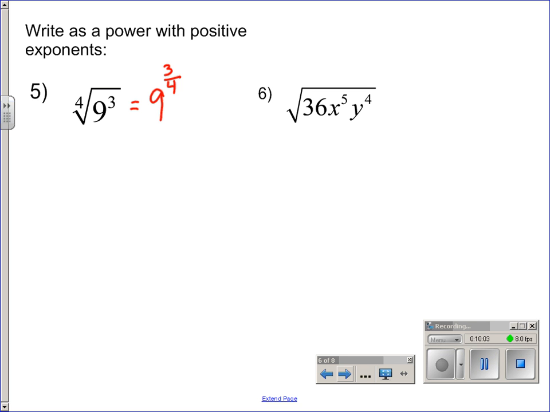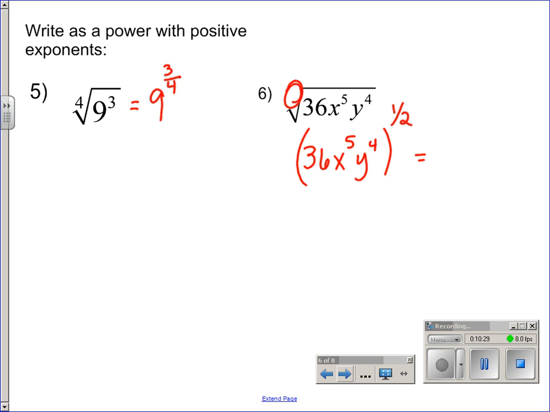So let's look at number 6. We have underneath 36, x to the 5th, y to the 4th. Now we're going to do it all to the exponent because it's all underneath. So what's my exponent? All of this to the first power. Now what number's out here if there's nothing there? Right, a 2. And then you can simplify it down.